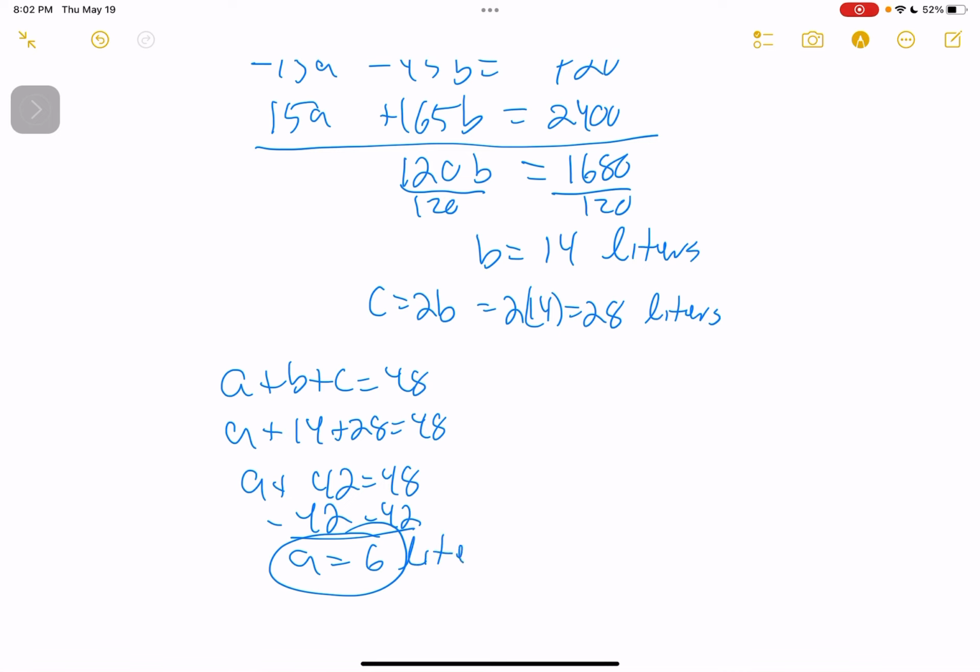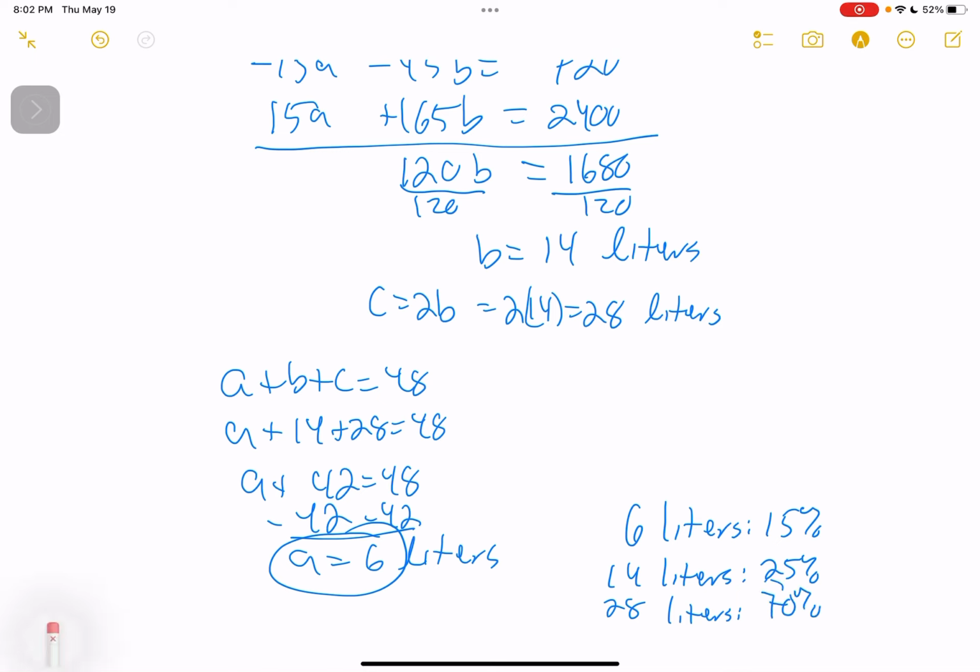So it's 6 liters of the 15%. It's 14 liters of the 25% and 28 liters of the 70%. And that's it.